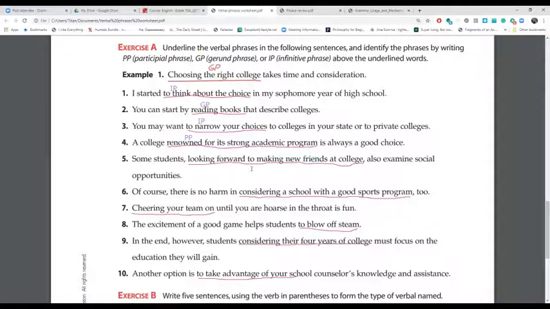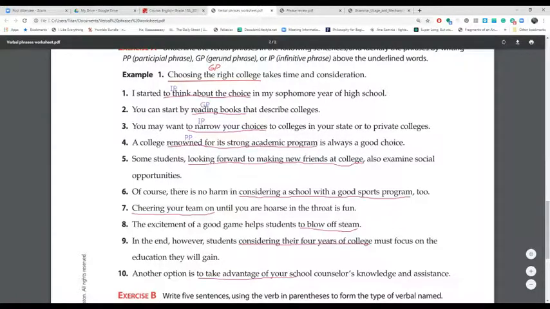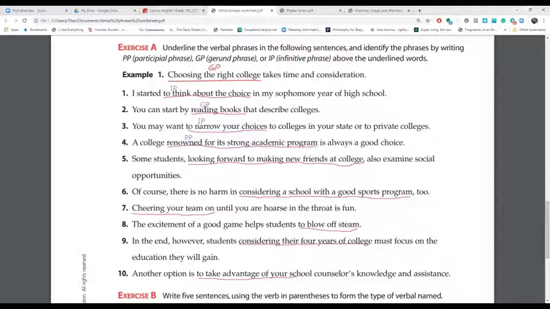Number 5, some students looking forward to making new friends at college also examine social opportunities. Is this a present participle or a gerund phrase? Yep, good job, Abdullah. This is a present participle because it is modifying the noun students.